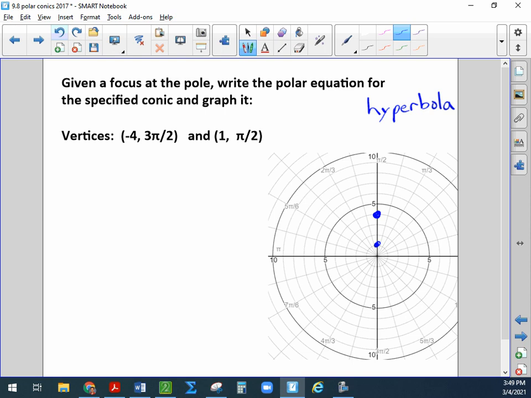If it's a hyperbola, I'm going to have a focus at the pole, and another focus away in that direction. My hyperbola is going to look something like that. So that's what I'm trying to work with.